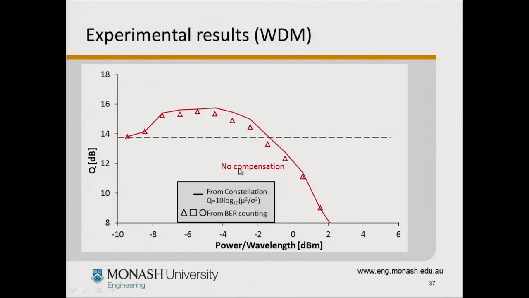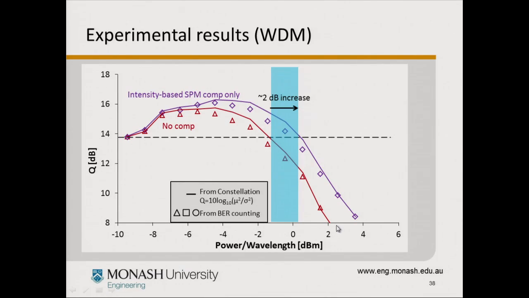So with no compensation, that's still with a one-tap equalizer but without any nonlinear compensation, we get this line here. This is the noise limited performance at low powers, and at high powers we have the nonlinear limited performance.